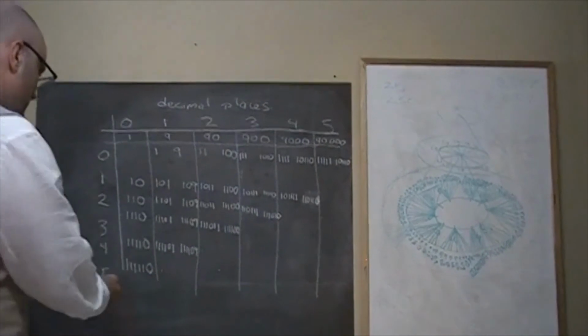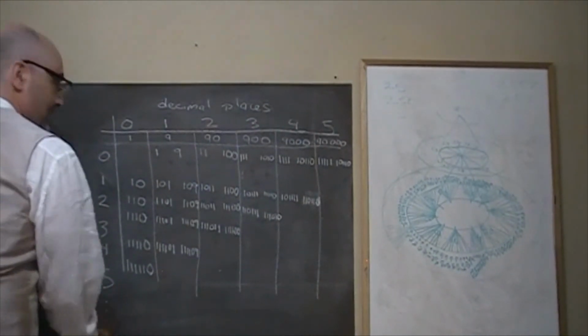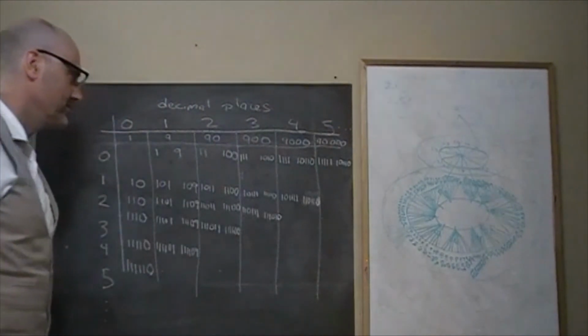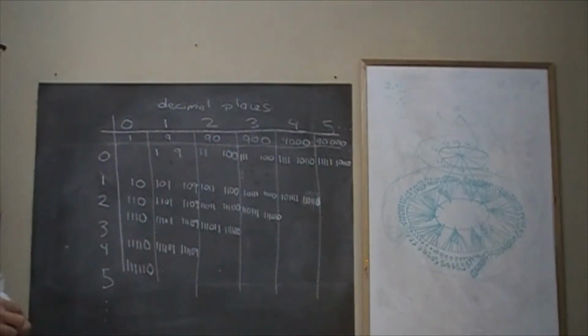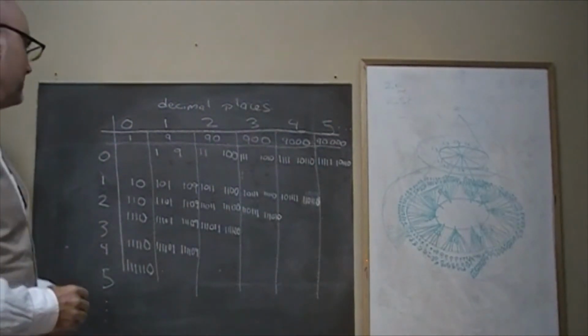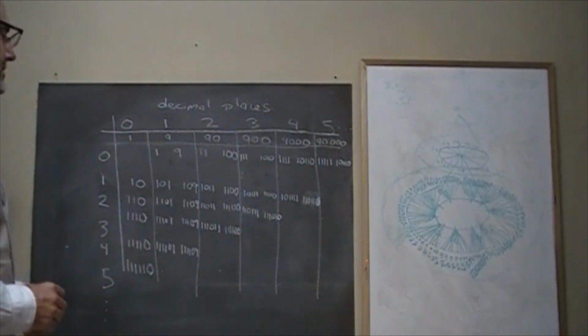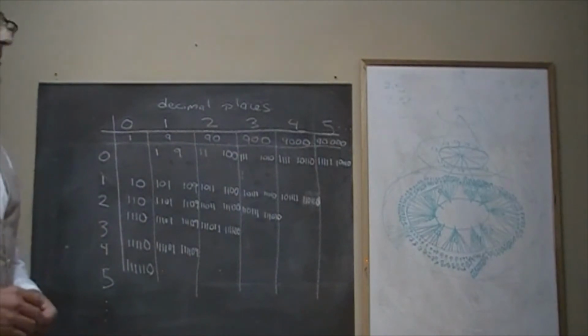Okay, so this table would increase indefinitely, but we can see the pattern here that allows us to identify what real number corresponds with each natural number.